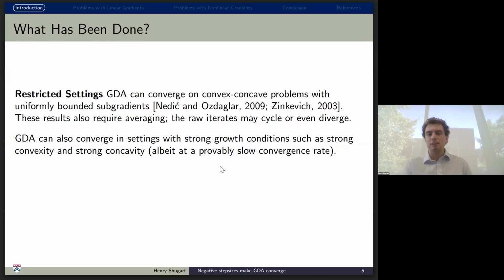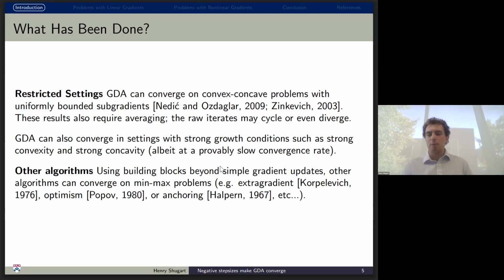Because of these drawbacks, a lot of the work in min-max optimization has focused on building algorithms beyond gradient descent ascent, adding extra building blocks. Extra gradients, optimistic gradients, and anchoring are all classic extra building blocks that have been added on to gradient descent ascent to ensure convergence on more general problems and to avoid some of the problems that occur with GDA.